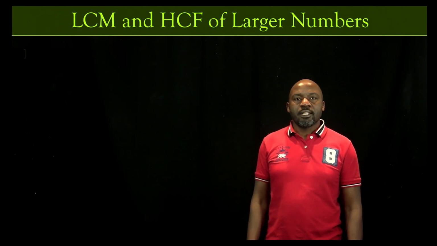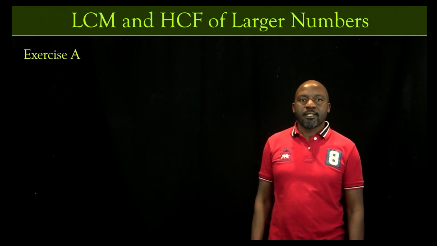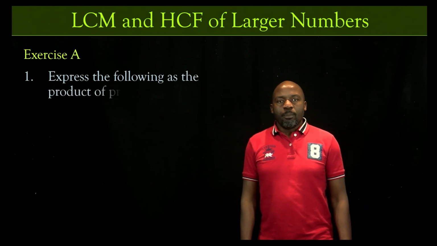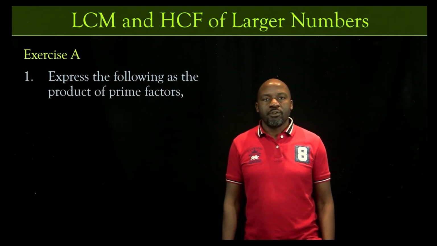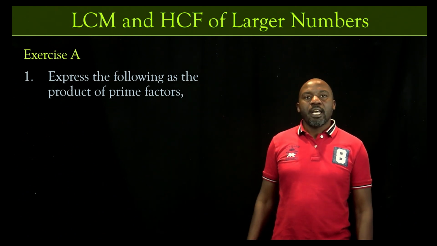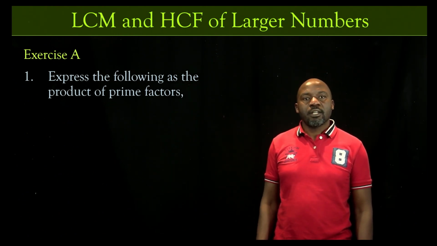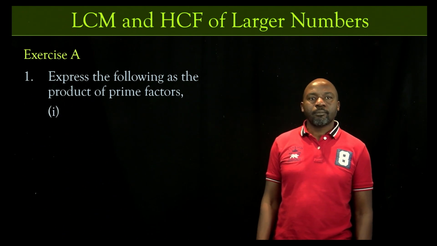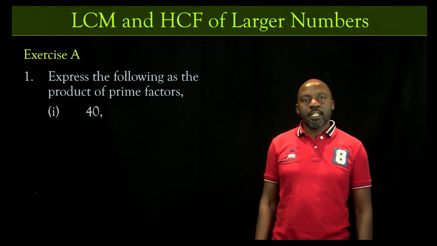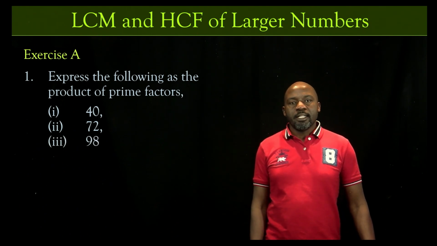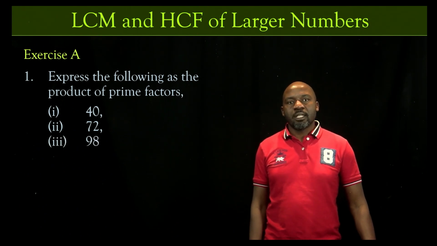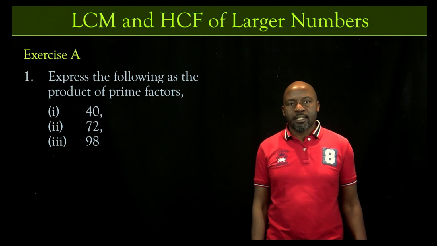Okay, let's see if we understand this. Here's an exercise. You will pause the video and try the questions out yourself, after which you check what my solution is. Express the following as the product of prime factors: 40, I think 72, and 98. Express each of them as the product of prime factors.